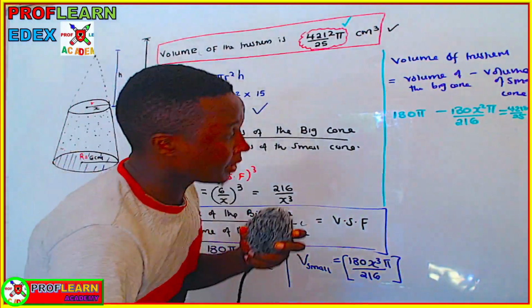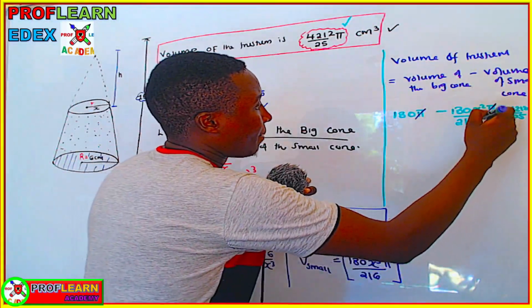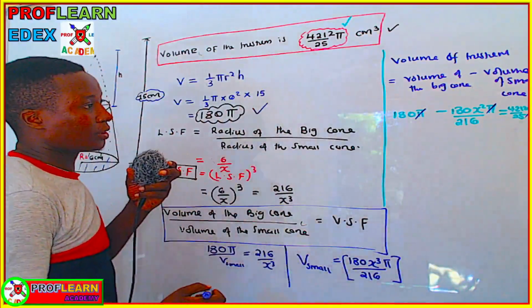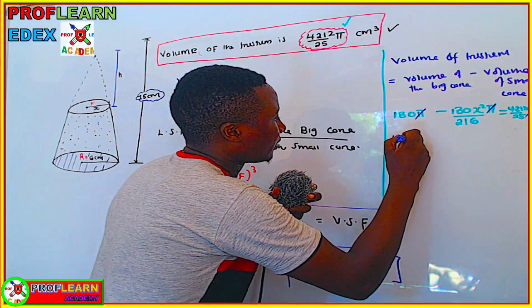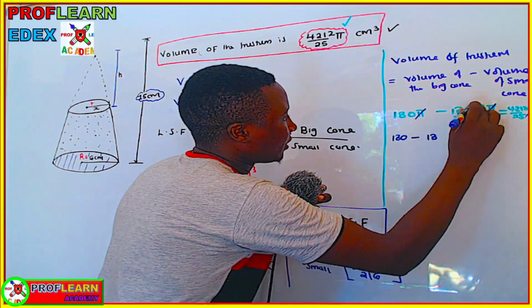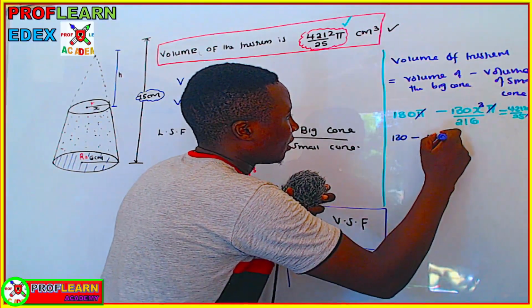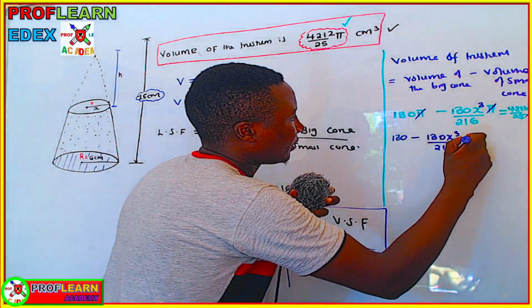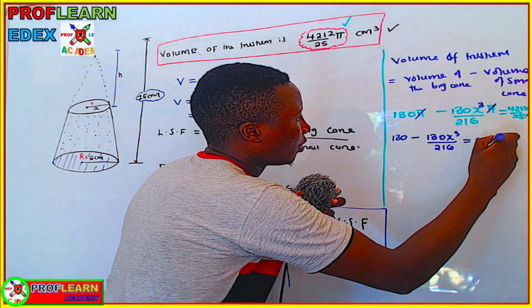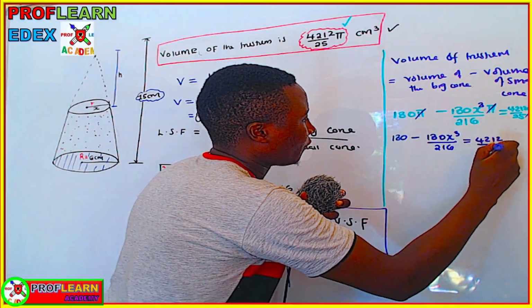We can cancel, because pi and pi cancel out, so that we remain with 180 minus 180 x cubed over 216 equals 4212 over 25.